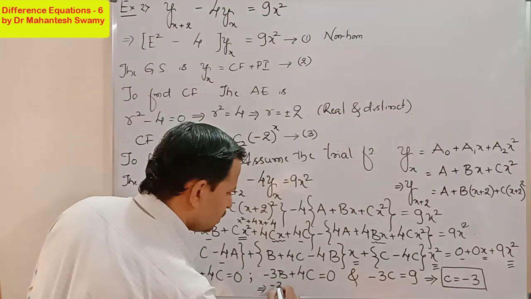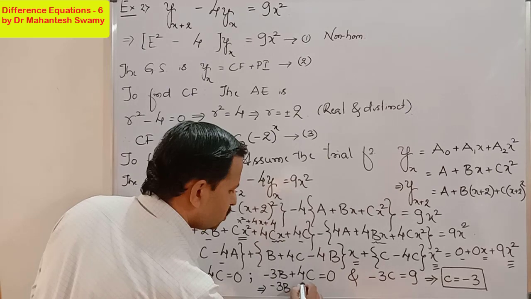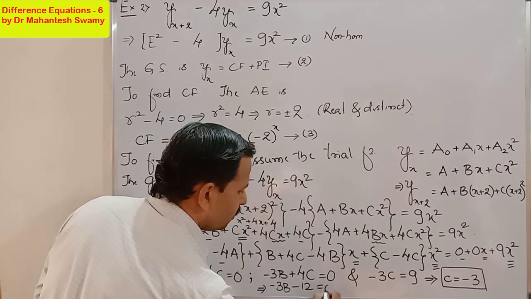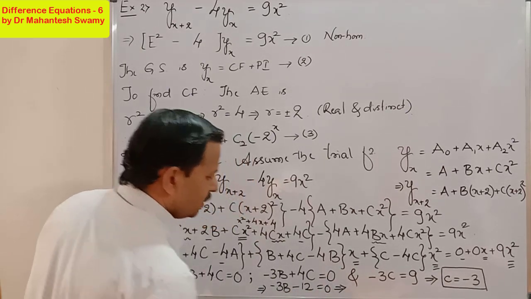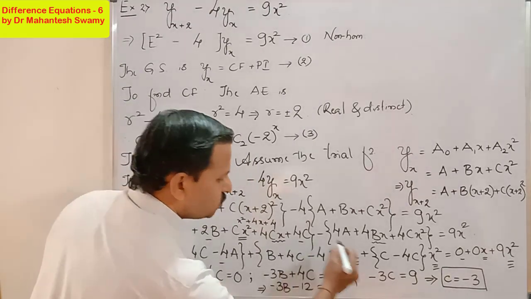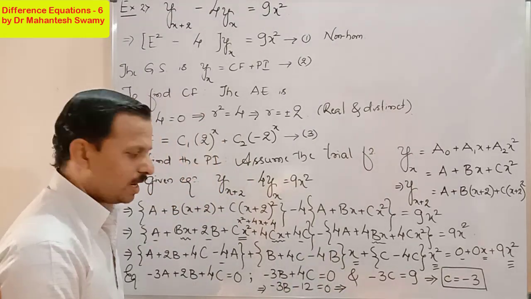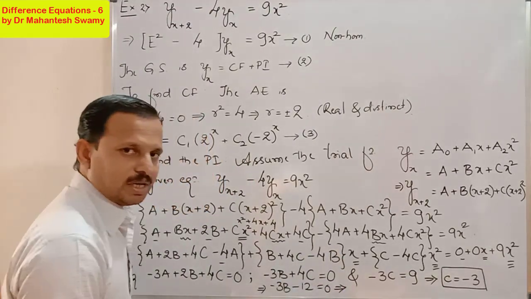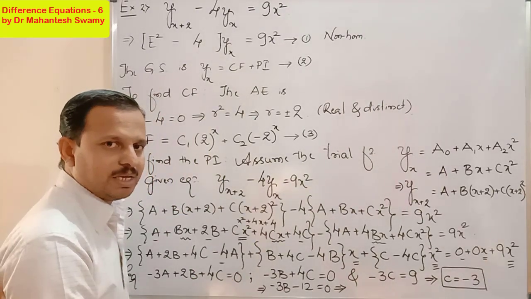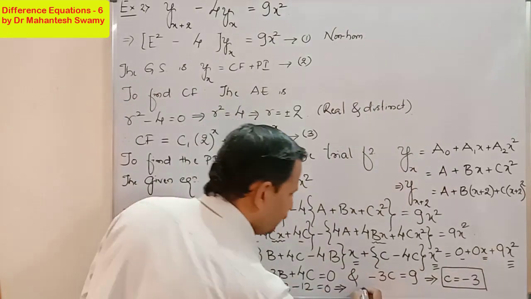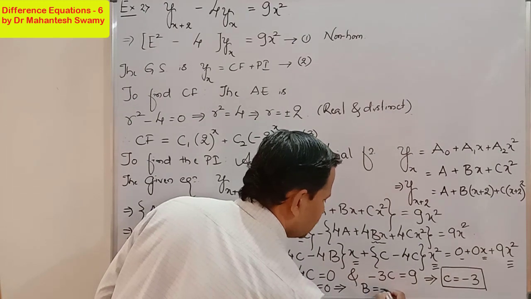So it is minus 3b minus 12 equal to 0, and this implies when I transfer the 12 to that side, it becomes plus 12 divided by minus 3, which is minus 4. So b is minus 4.